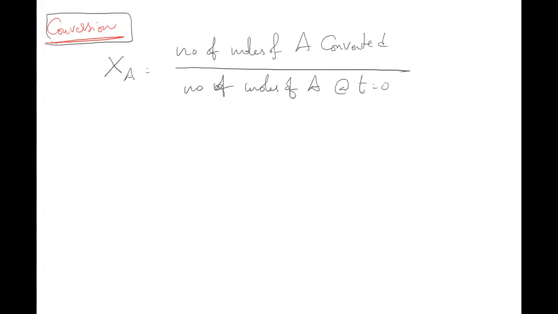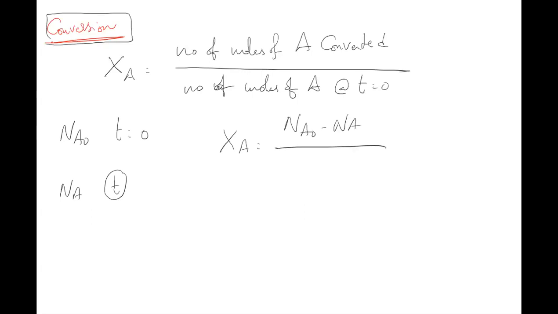So conversion is defined by how many moles of A are converted and how many moles of A were present. Suppose Na naught is the number of moles at time t equal to 0, and Na is at time t equal to t. Then conversion Xa equal to (Na naught minus Na) divided by Na naught. Let's say at time t equal to 0 there are 100 molecules, and at time t equal to t the number of molecules is Na.